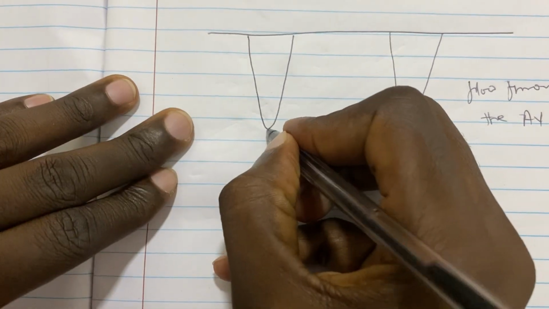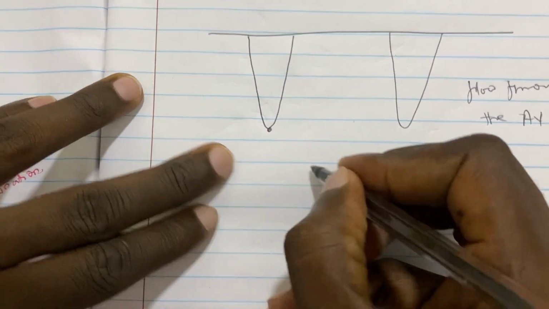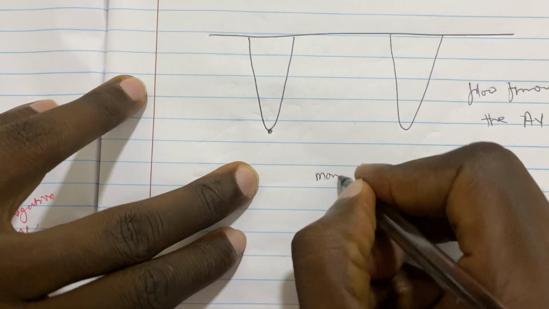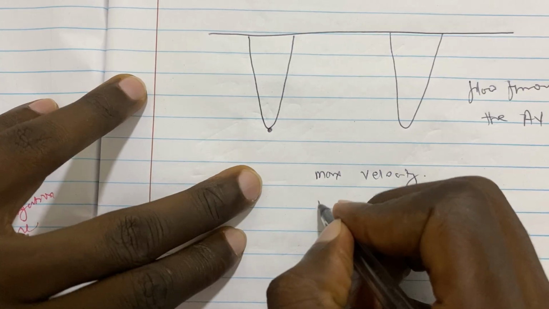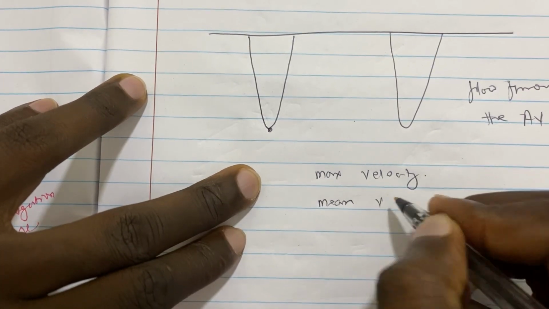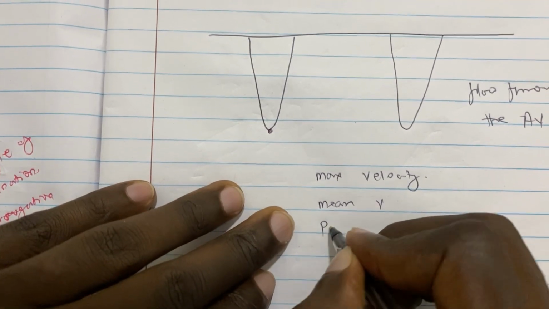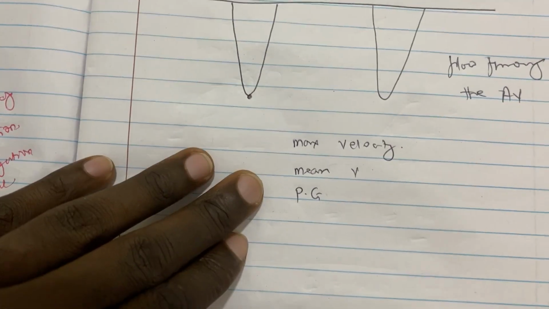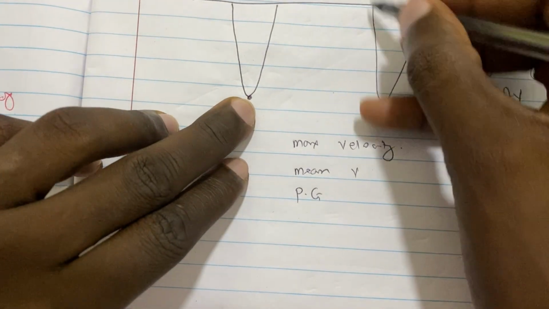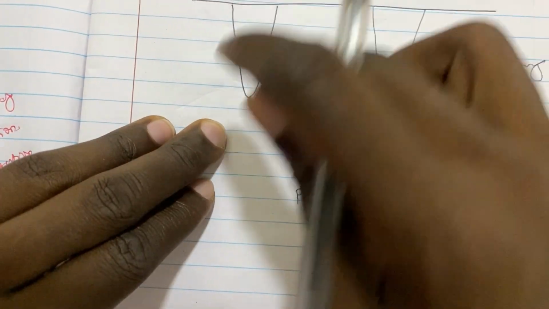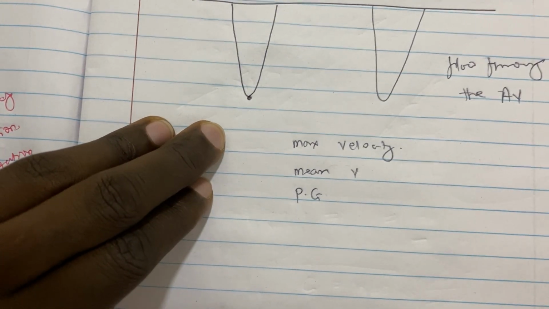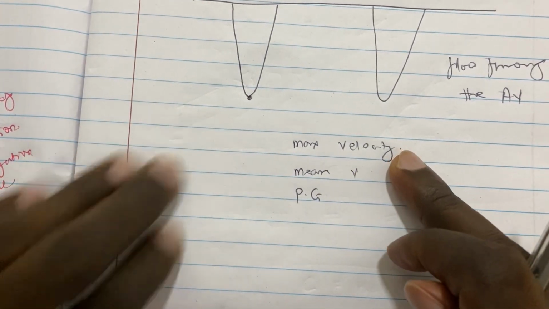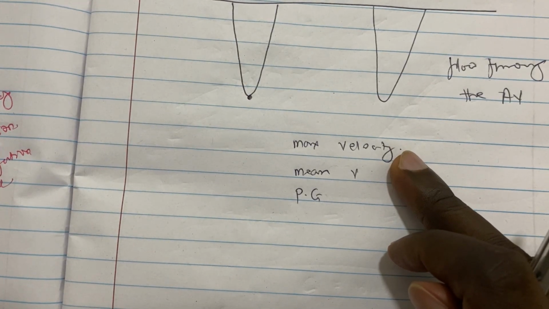If you put a cursor here, you measure, it will give you the maximum velocity. I will show you this one in the next video. Mean velocity, and also pressure gradient. When you put a cursor here after recording, maybe this one is continuous wave Doppler, and you put it where it stops, you click enter, it will give you the velocities, not the Doppler shifts.